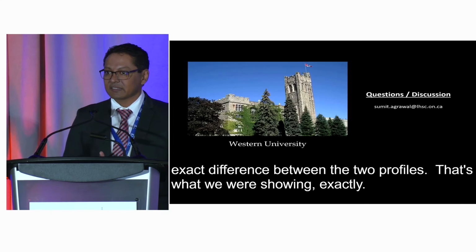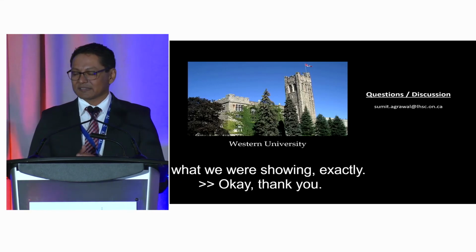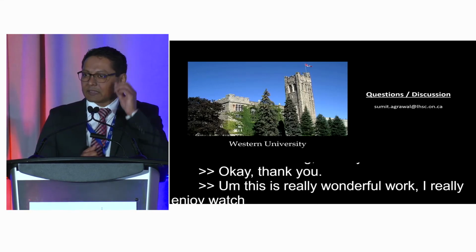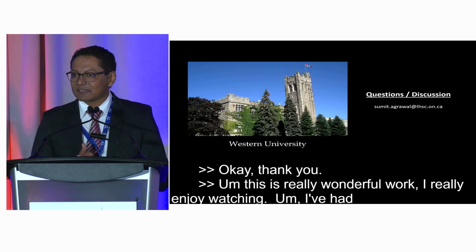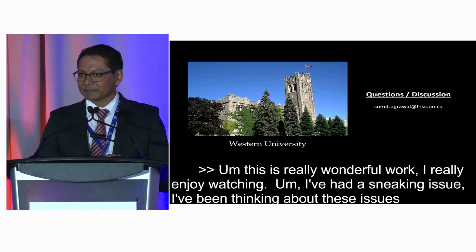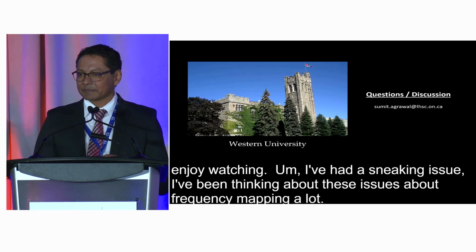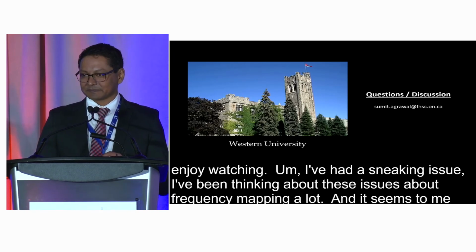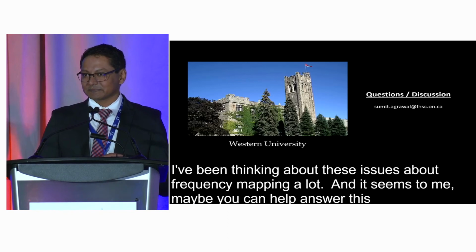This is really wonderful work. I really enjoy watching. I've had a sneaking issue. I've been thinking about these issues about frequency mapping a lot, and it seems to me that at some point we're making an assumption.